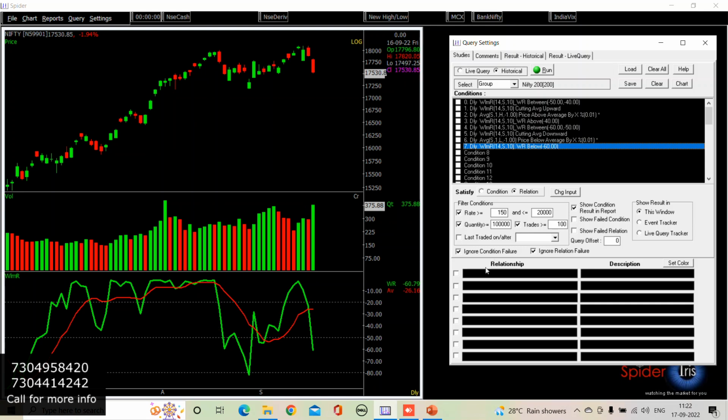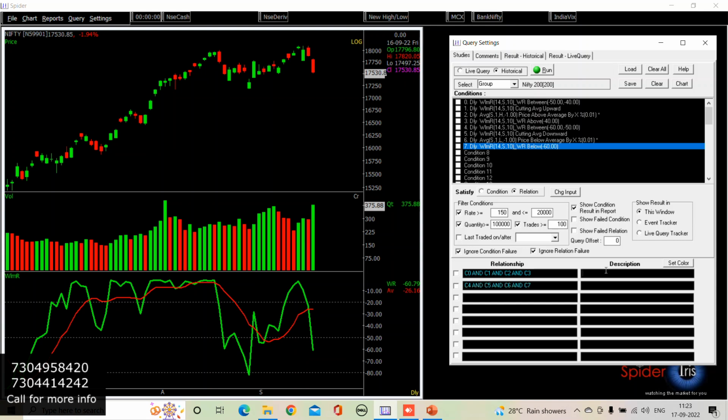Now create the relation of these conditions. For buying it will be C0 and C1 and C2 and C3. For selling it will be C4 and C5 and C6 and C7.